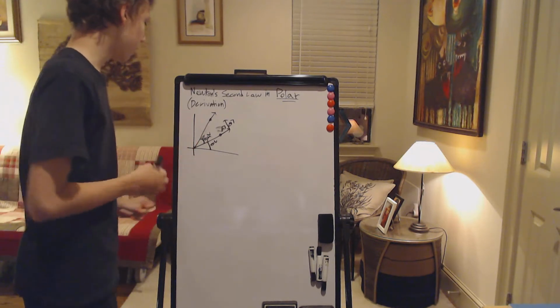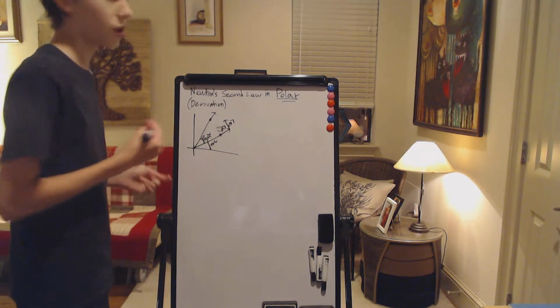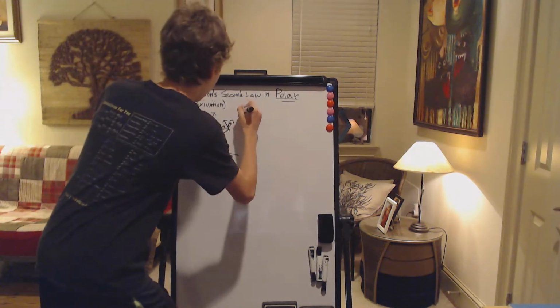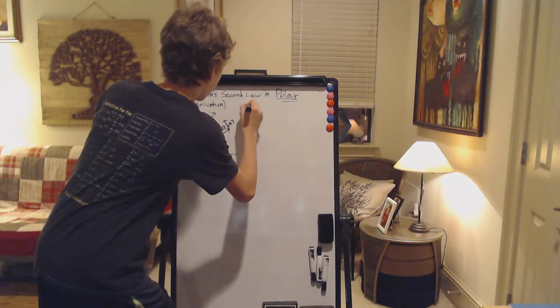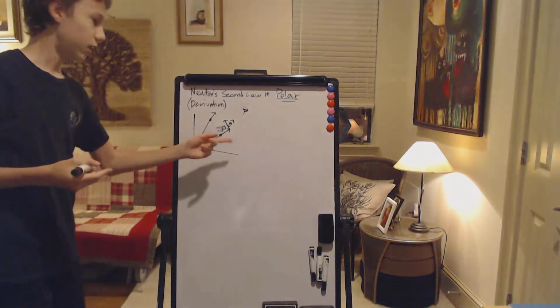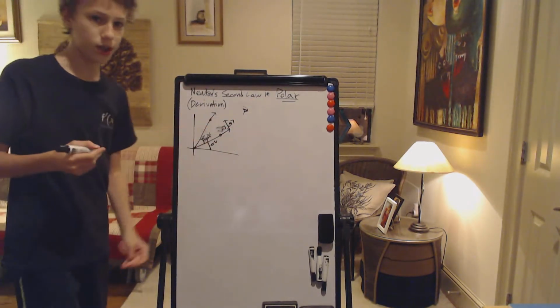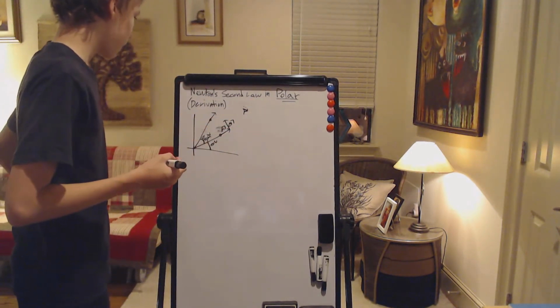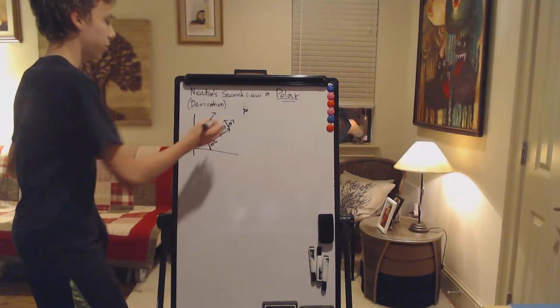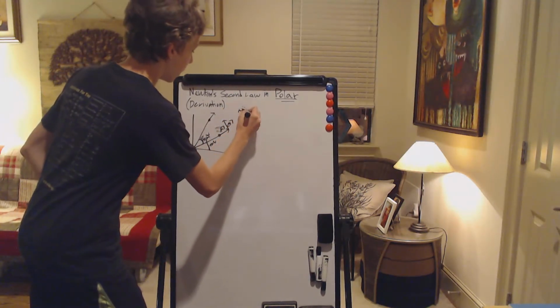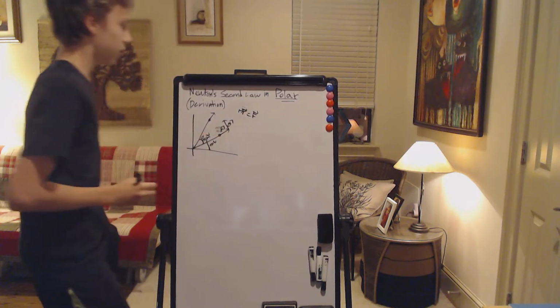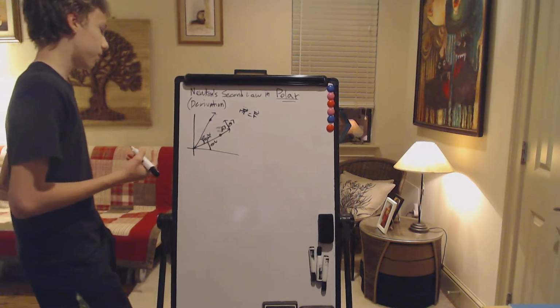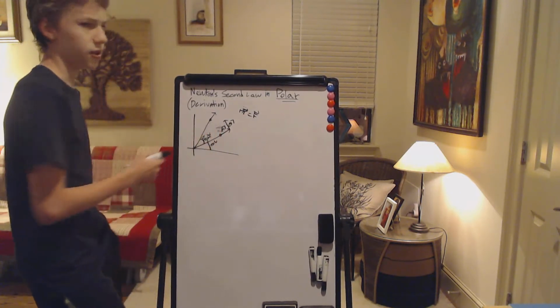To continue, what is our goal? Our goal is to find the second time derivative of r, again our position. That'll give us our acceleration. But how do we do that? And again, we would multiply that by m and get our force. But how do we get that? Well, what exactly is r?